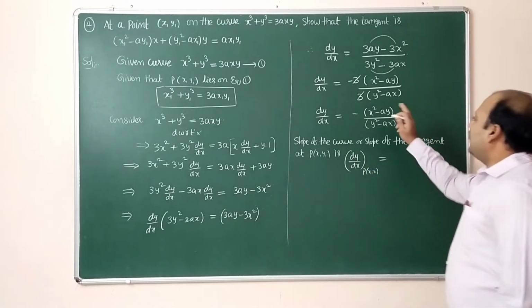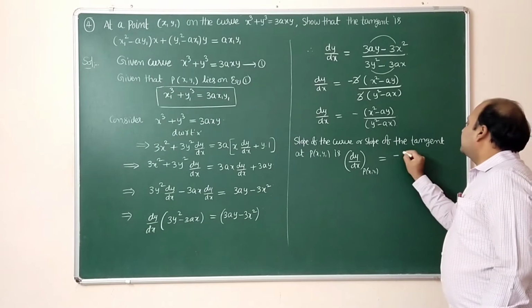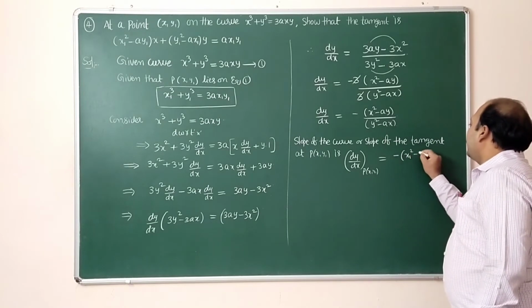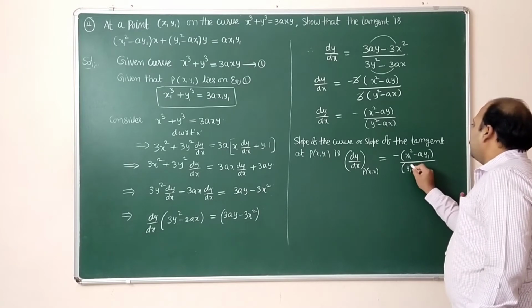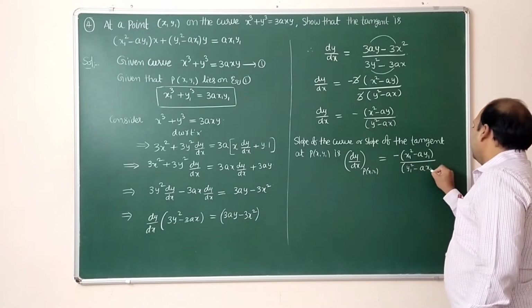Wherever x, y is there, replace with x1, y1: minus (x1 square minus ay1) divided by (y1 square minus ax1).